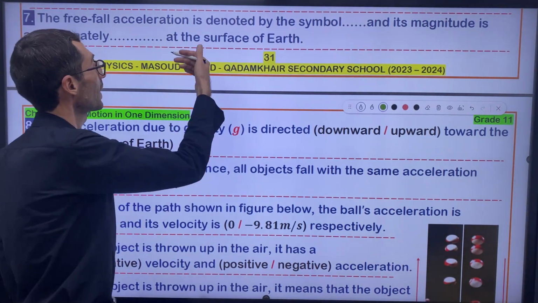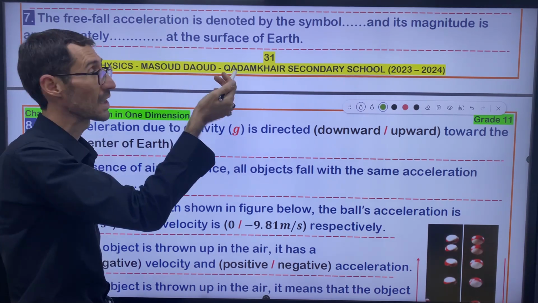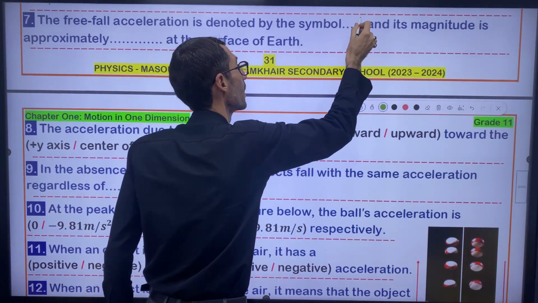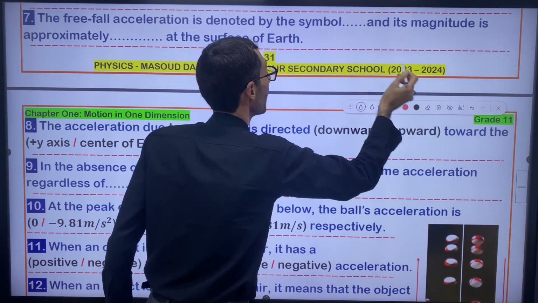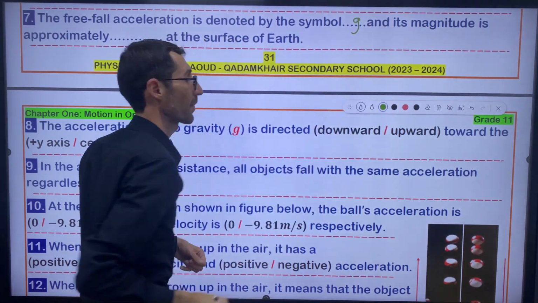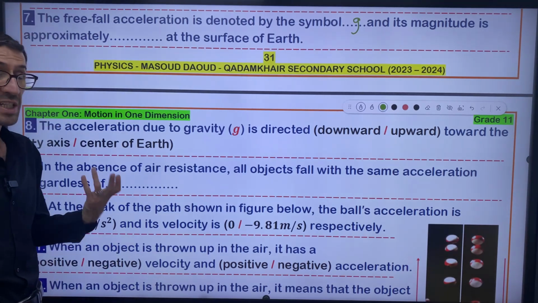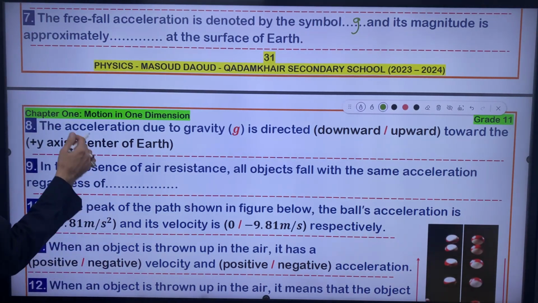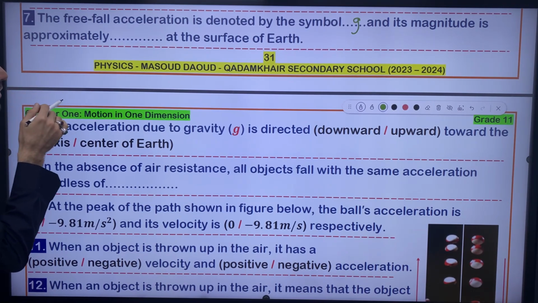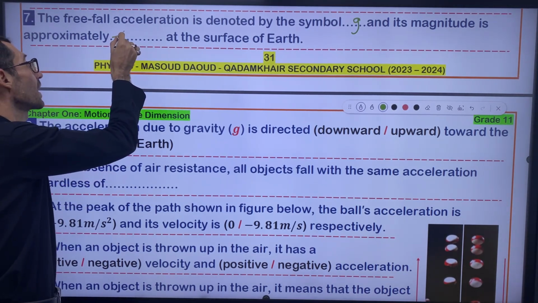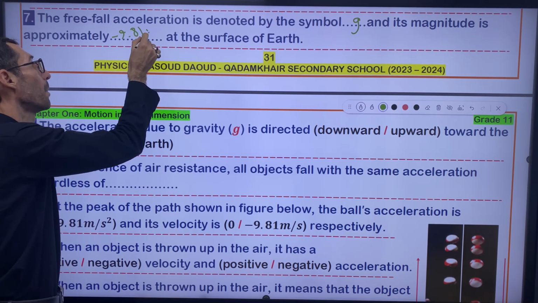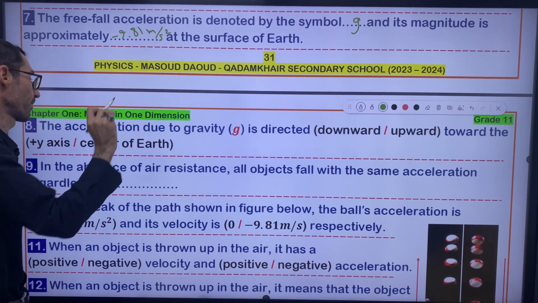Actually, we symbolize the free fall acceleration by small g, and its magnitude approximately on the surface of Earth is equal to negative 9.81 meters per second squared.